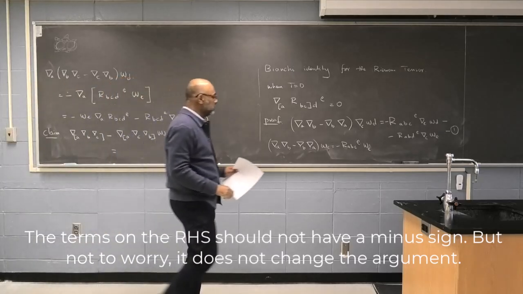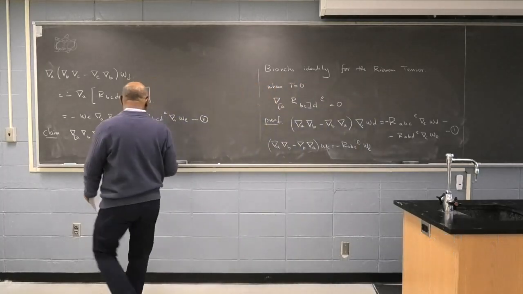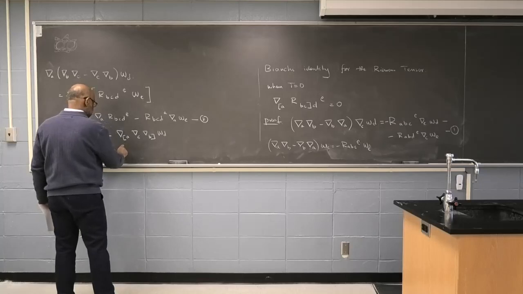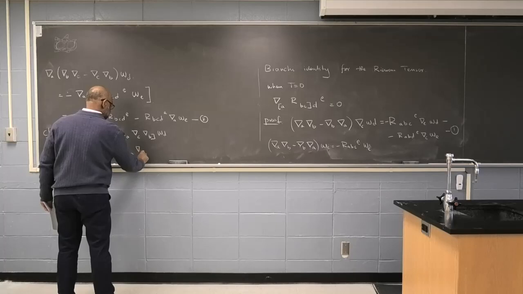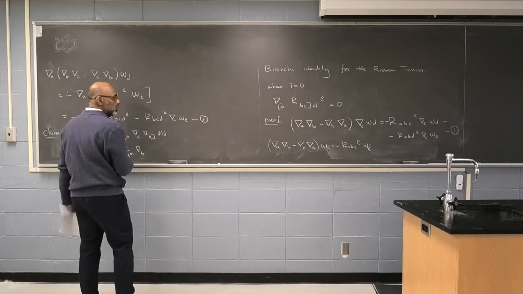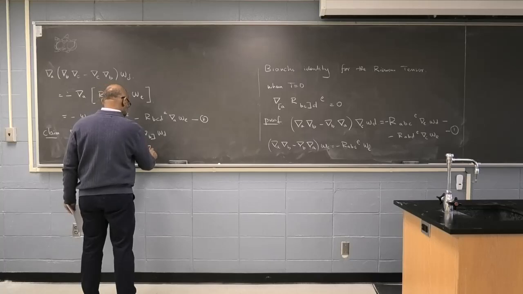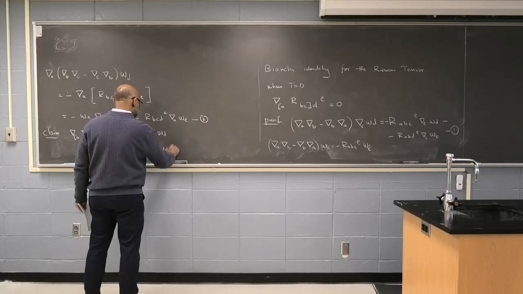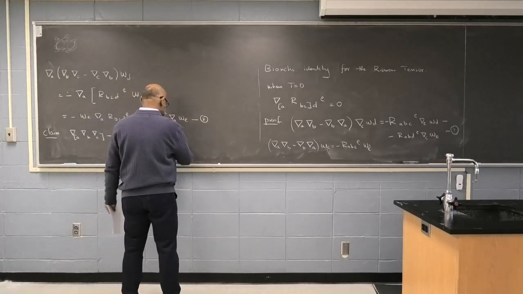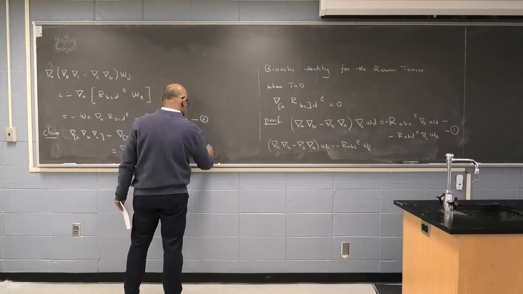And if I anti-symmetrize the same thing over here, which is what? A, B, C, then I have W, D, minus B, A, C.